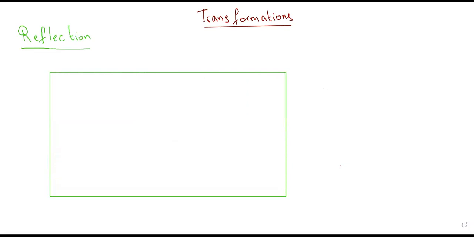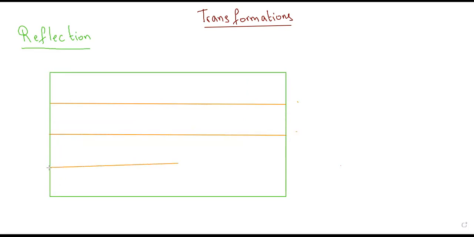So we would be needing 4 lines of reflection. So I would be needing 4 rows: 1, 2, 3, and 4. Now, when we talk about reflection, always remember we have a line of reflection. So I'll write down the 4 most popular lines of reflection, and obviously it could be any line, but I'll come to that later.